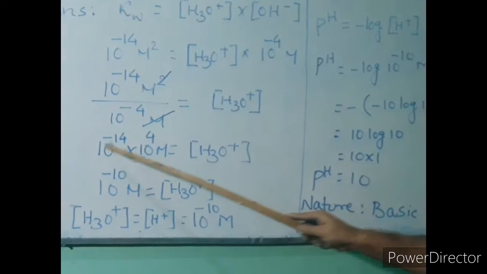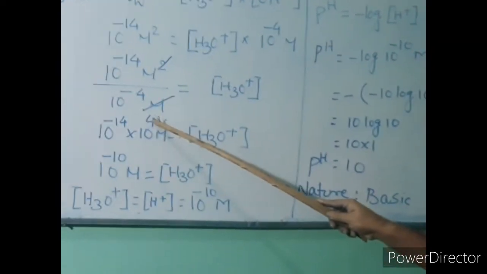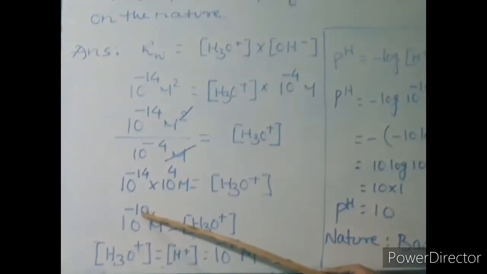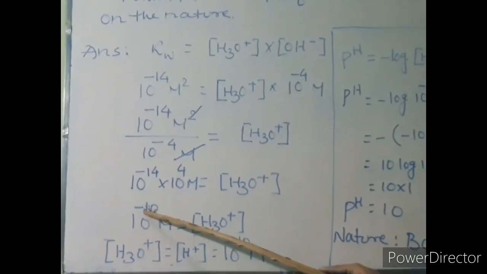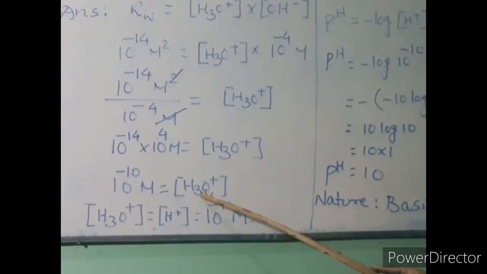As you know, when the base is the same, the powers add. Minus 14 plus 4 becomes minus 10. So 10 to the power minus 10 molarity is the concentration of hydronium ion.